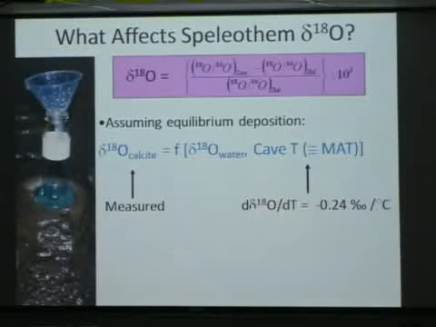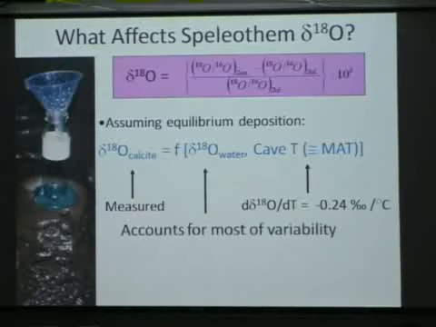So essentially, as you increase temperature by 1 degree Celsius, you would decrease the delta 18 by about 0.24 per mil per degree C. So in tropical and monsoon regions where the annual temperature changes are pretty small, for example, during the glacial, this could maybe explain a per mil or so of change in the speleothem. However, we see much bigger variations in the speleothem composition, and it turns out that most of those are reflecting changes in the delta 18 of the water itself.